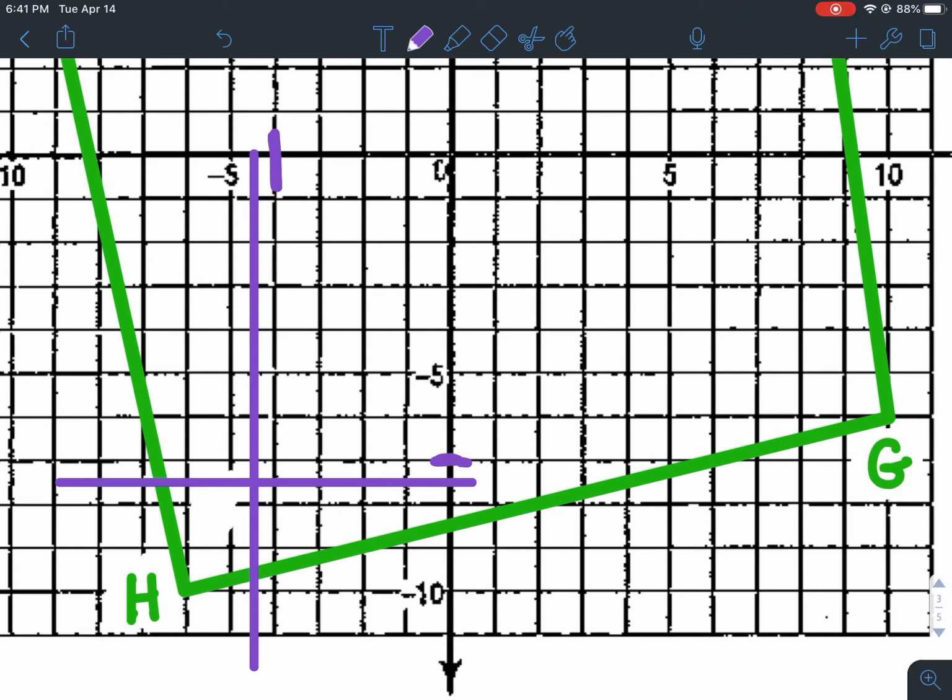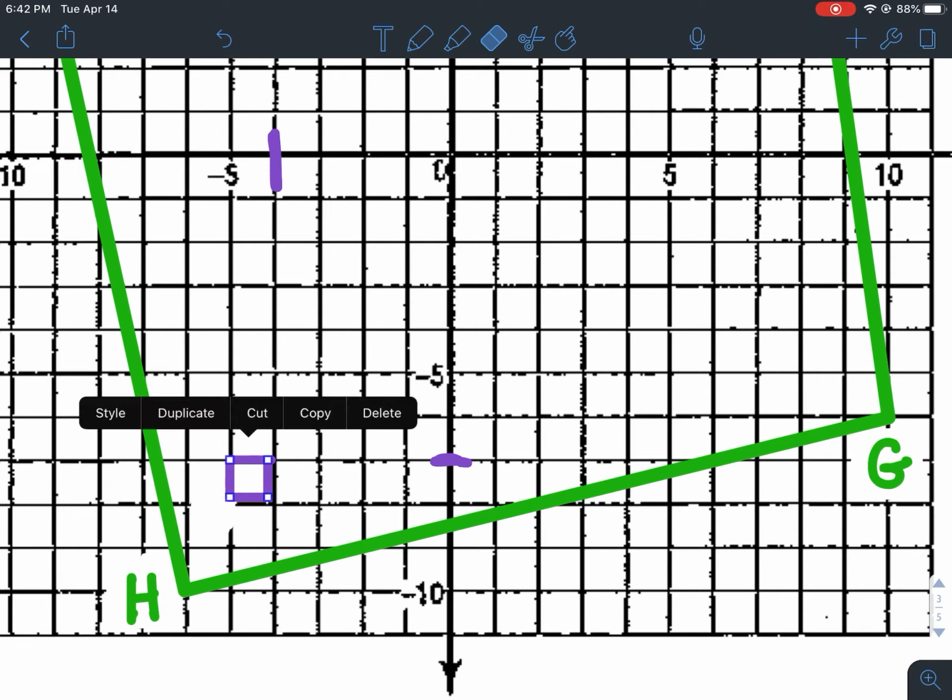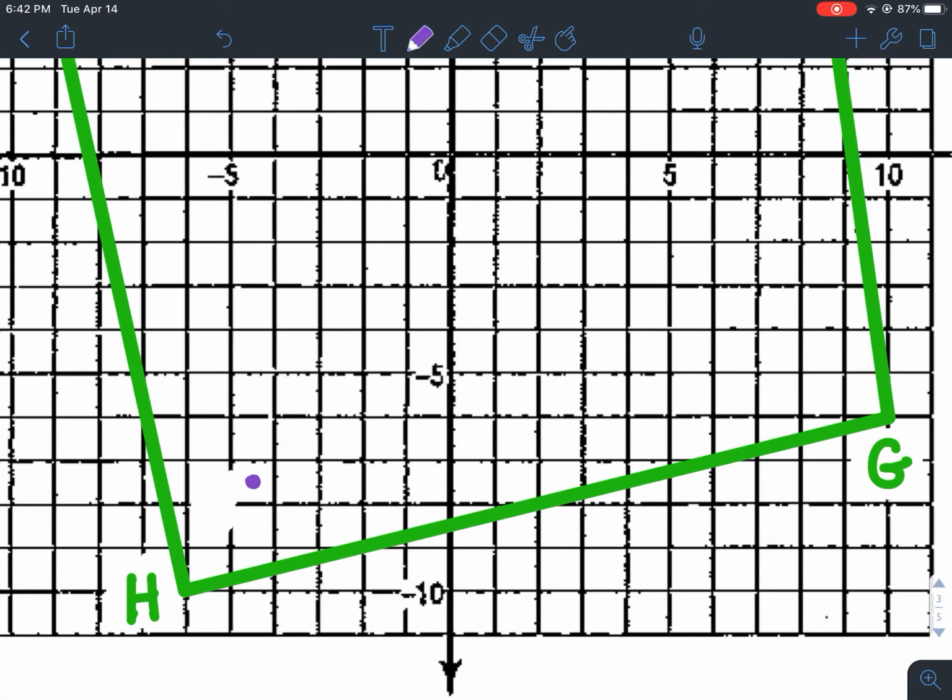So your point for H prime is going to be in the very middle of that box right there. Let me erase this. I'm going to put a point in the very middle of that box right there. And that is where H prime will be.